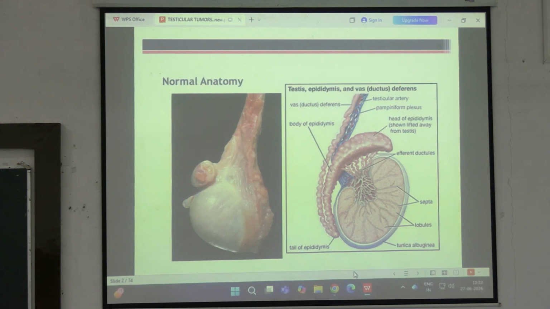Sperms of germ cells. Sertoli cells. Leydig cells. Do they secrete something? Testosterone, the androgens. Yes.